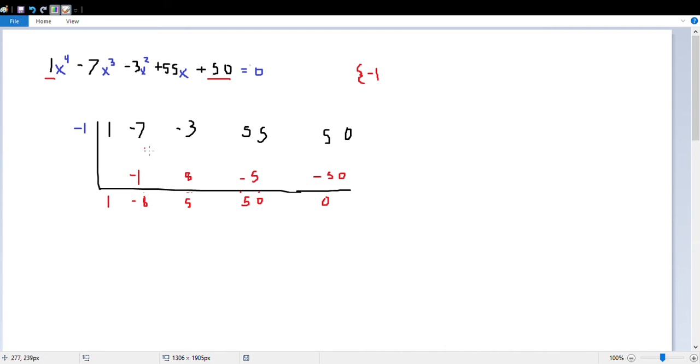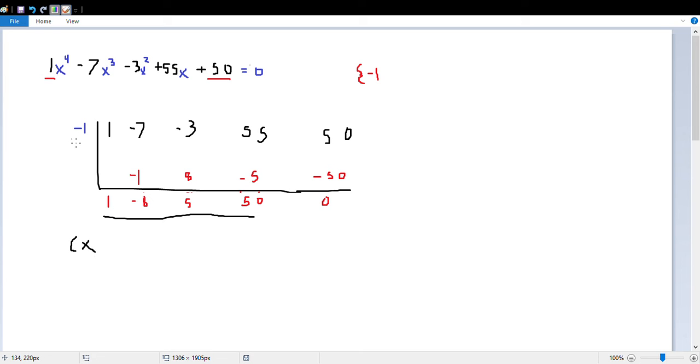And this does more than just give me the answer, though. It also tells me how to factor, because those are the coefficients of the new polynomial after I divide by x plus 1. So if x equals -1 as a solution, that tells me that x plus 1 is a factor.